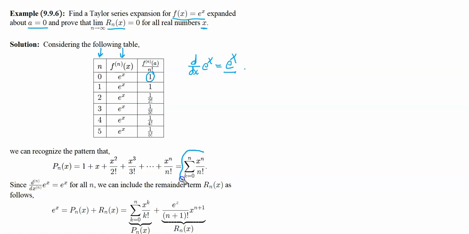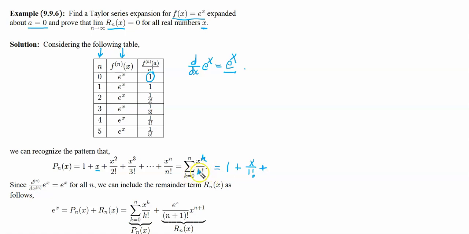Oh, and keep in mind here, these should be k's. So that is corrected in your notes. Those should be k's. Let's just check that out. Notice that if we put 0 in for this k and this k, we get x to the 0 over 0 factorial. That's going to be 1. If we put 1 in for this k, we get x over 1 factorial. So that's just this x.